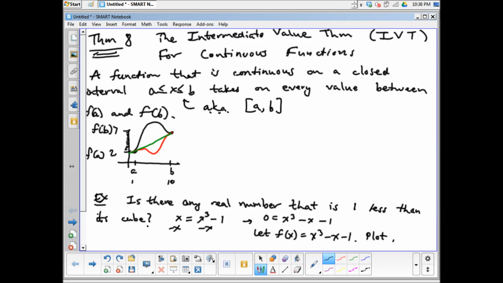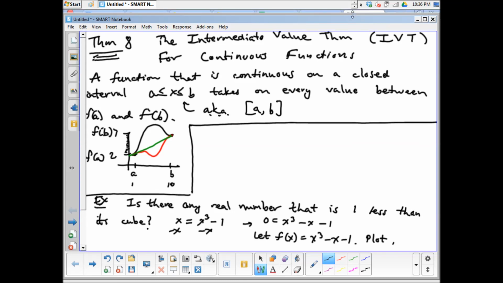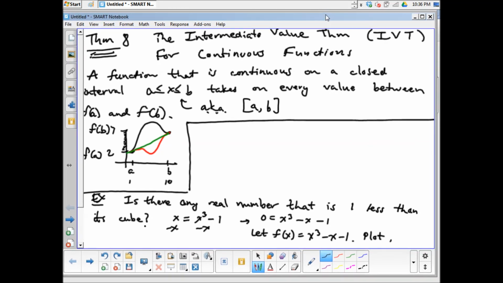I'm going to go up to the top here a little bit and use some space above. Let's make a little XY table here.